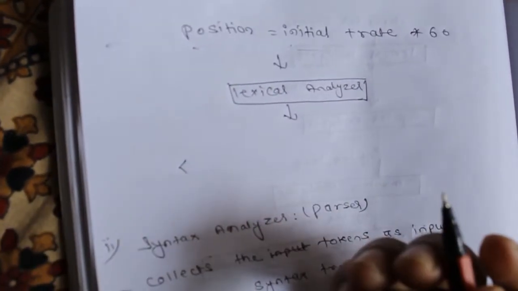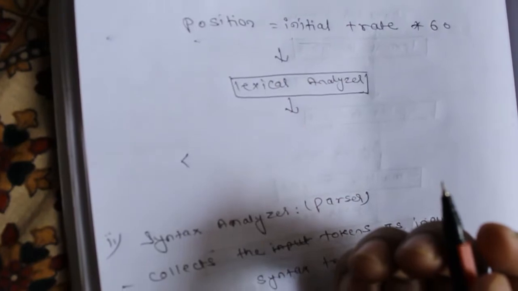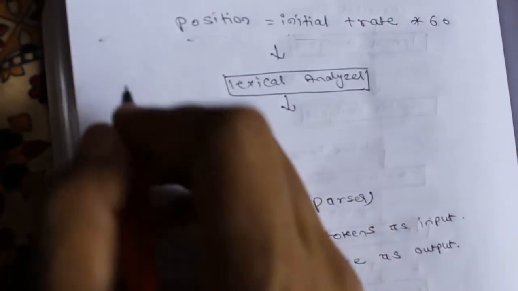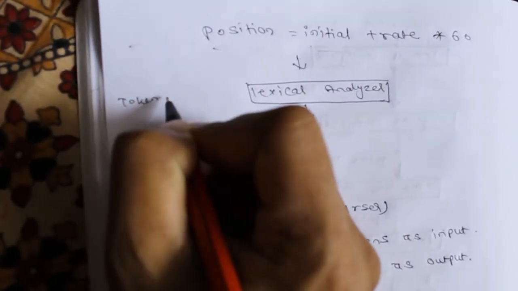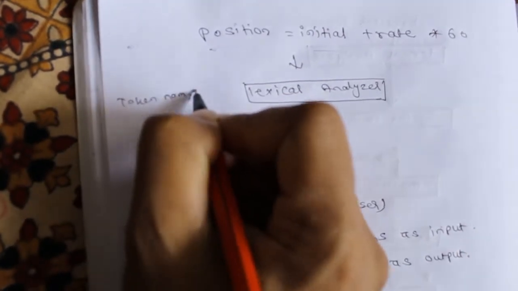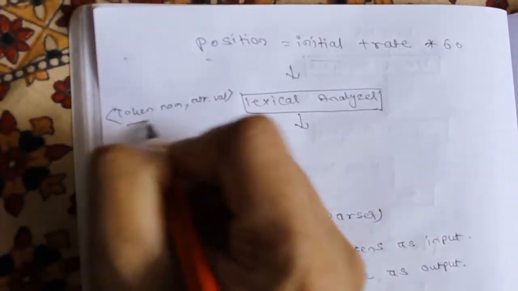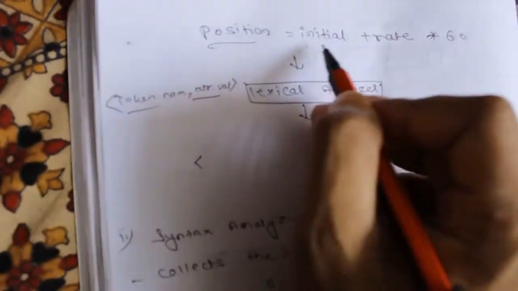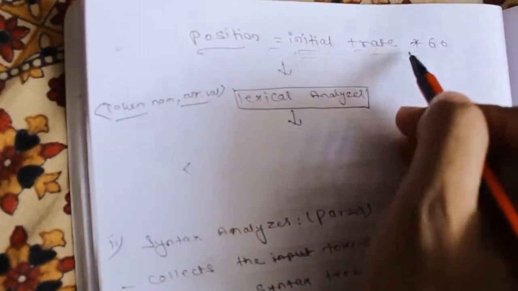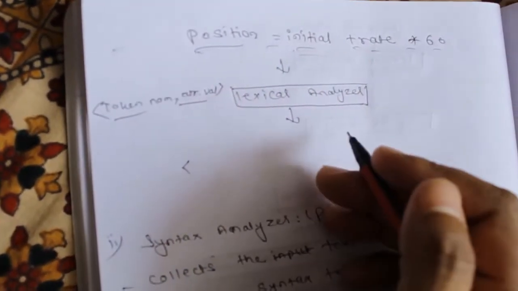We have the idea that the token syntax is the token name followed by the attribute value. Each term here will be formed as a token.